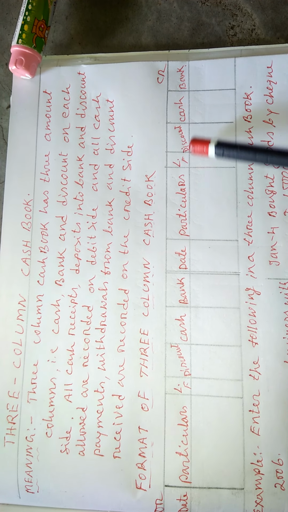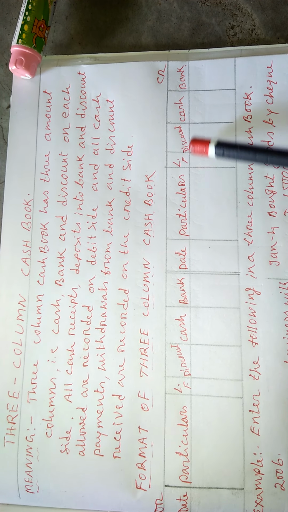Again on January 4, bought goods by check rupees 15,000. January 5, sold goods for check and deposited into bank the same day rupees 20,000. January 8, paid Alex by check rupees 1,900 in full settlement of his account of rupees 2,000. January 10, drew from bank for office use rupees 1,000.